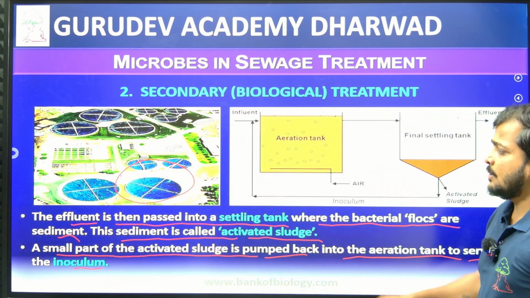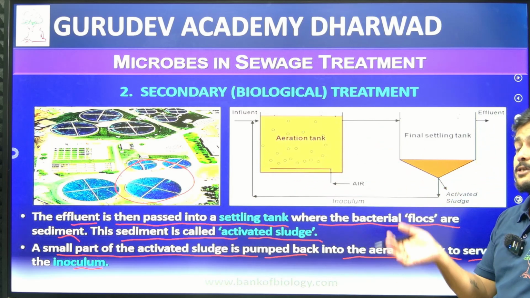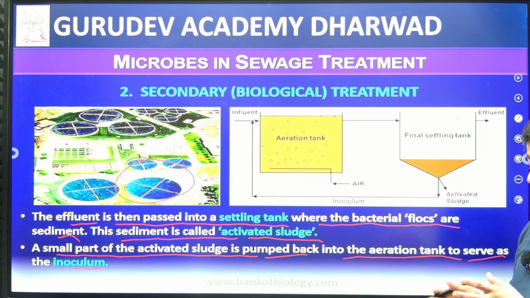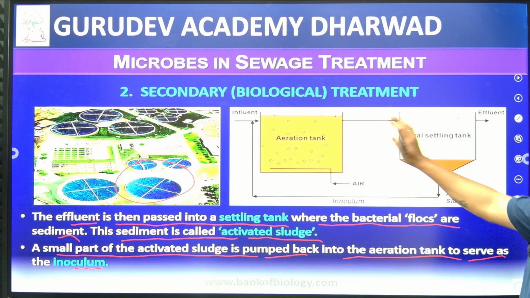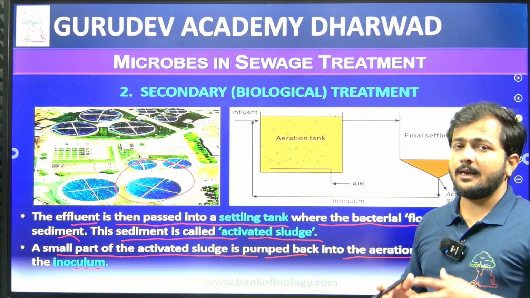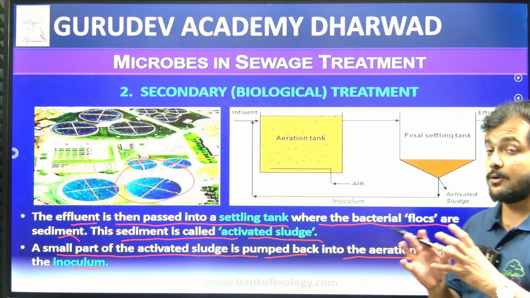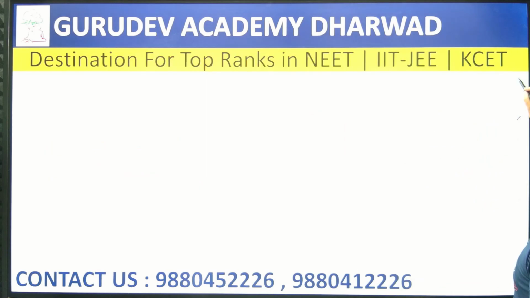So they pass a small amount of this activated sludge to the aeration tank. We call it inoculum, which mainly consists of flocs or bacteria associated with filamentous fungi.